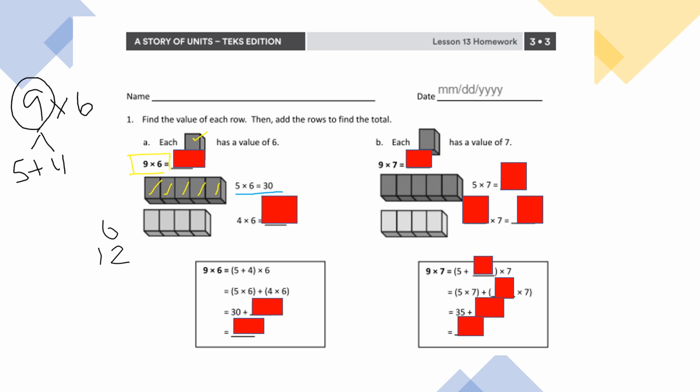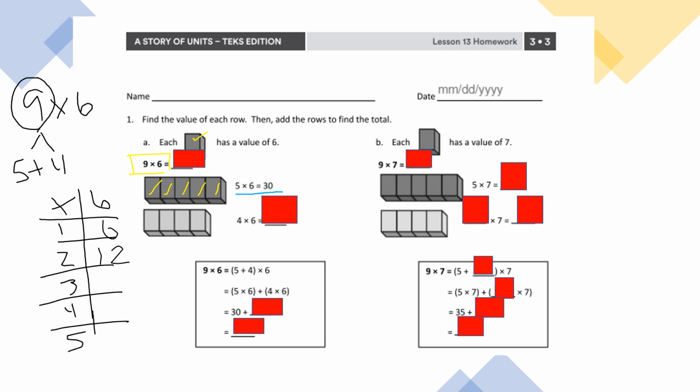Now, since we're working with sixes, you can go ahead and create a 6 ratio table. And the great part about these problems are we don't have to go past 5. So you can create a 6 ratio table, but the highest that you have to go is actually 5. 1, 2, 3, 4, 5. And as always, we make 6 little counters.